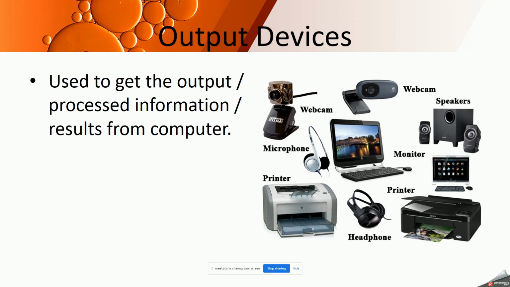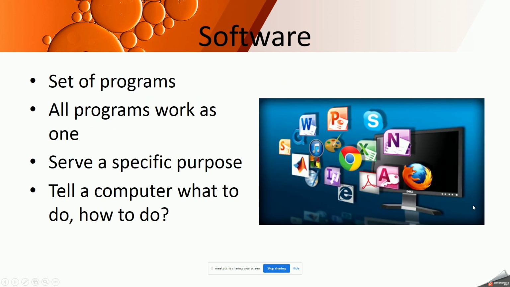All webcam does is it takes the video feed and it sends it to you people so that you can see it on your computer, on your monitor. Printer, headphone, monitor, speakers, these all are what? Output devices.